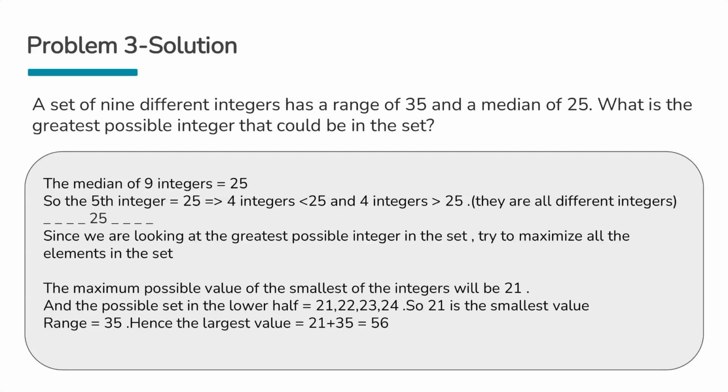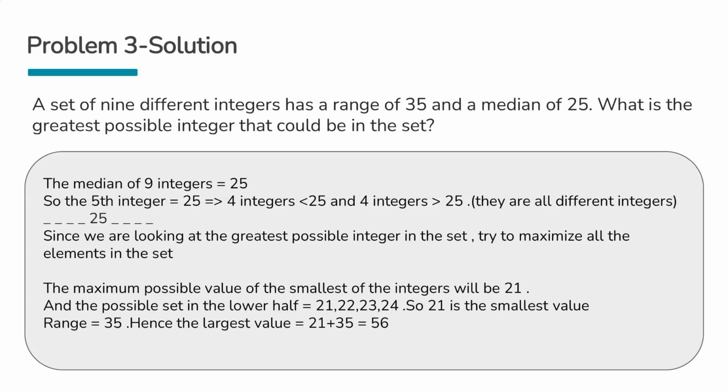Start with consecutive numbers like this: 21, 22, 23, 24. If you look at this, 21, 22, 23, 24, then this is 25. Since the range is 35, it has to be 21 plus 35, which is 56, right? Directly you will get the answer. But suppose you feel that maybe I could take a little lesser value. Maybe I could take 18 here.